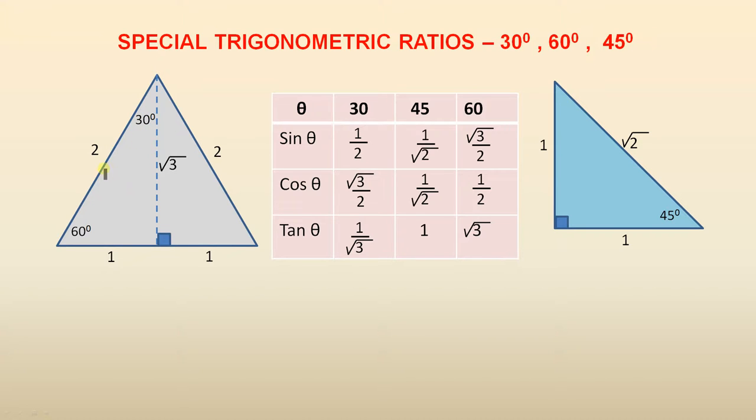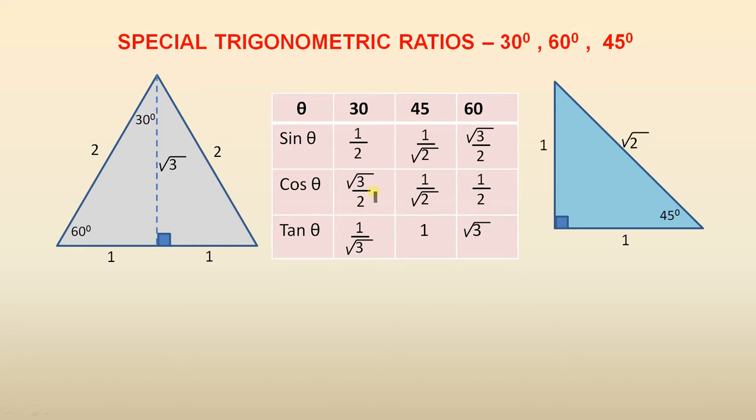Now, using Pythagoras' theorem, the length of this perpendicular here is the square root of 3. So we can use this triangle to work out some very special ratios. And here we go. For example, the sine of 30 is a half, because sine of 30 is opposite over hypotenuse, so that's why it's a half.